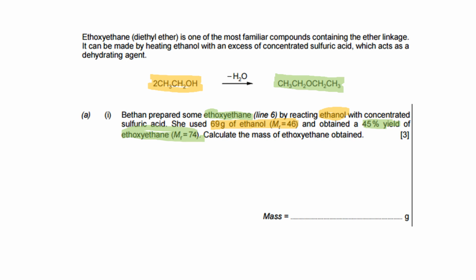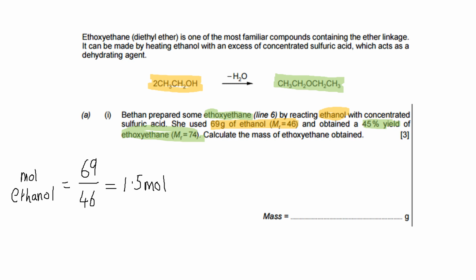So what you do is you start off by working out the moles of ethanol. That's where I would start. And moles is mass divided by molecular mass. So that's the 69 grams of the ethanol divided by its molecular mass, which is 46. And that gives you 1.5 moles. The next thing to do is to work out the moles of the ethoxyethane, the thing in green.